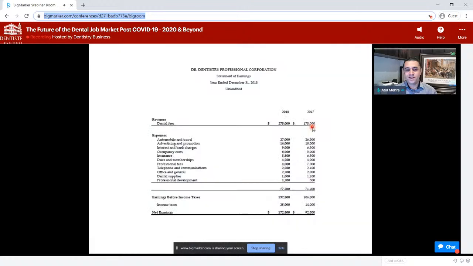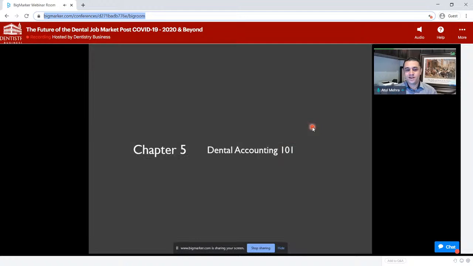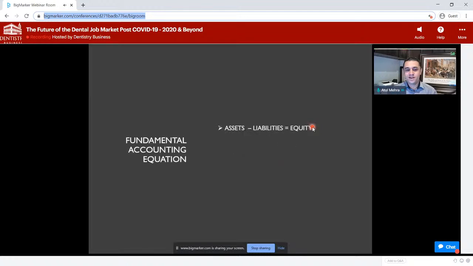Now, understanding the mechanics of that leads us into Dental Accounting 101. So the fundamental accounting equation: assets minus liabilities equals equity.